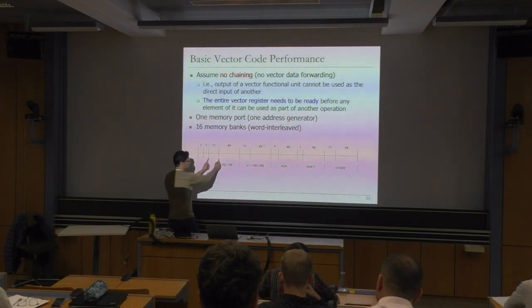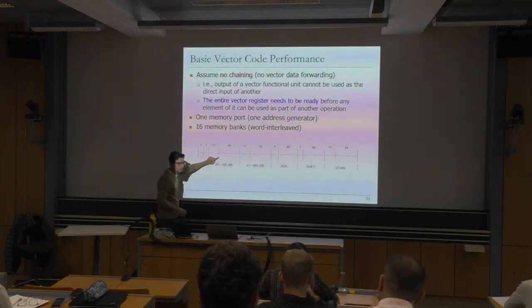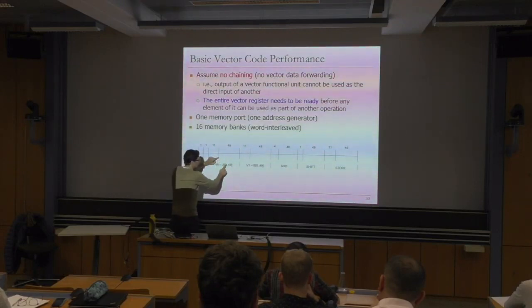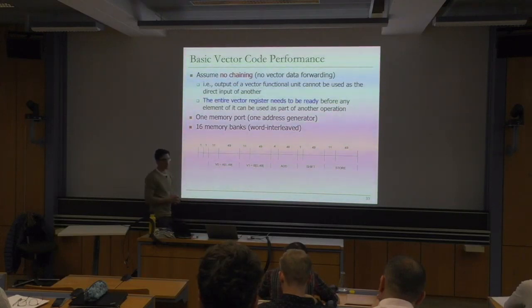After 11 cycles, because the latency of a memory access is 11, we have A0. One cycle later A1, one cycle later A2. So in total, after 11 plus 49 cycles, we have this vector load executed.